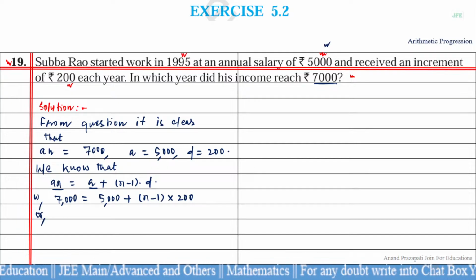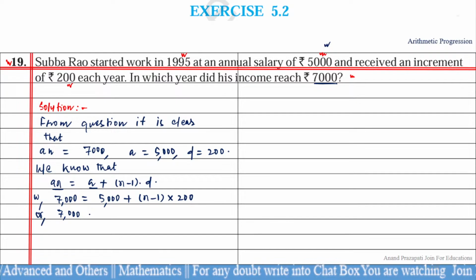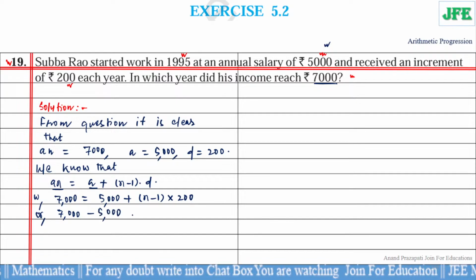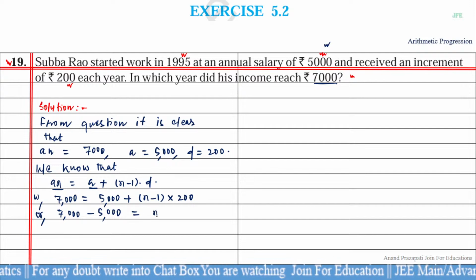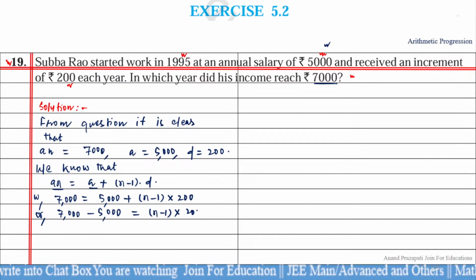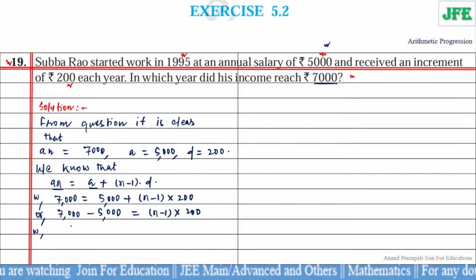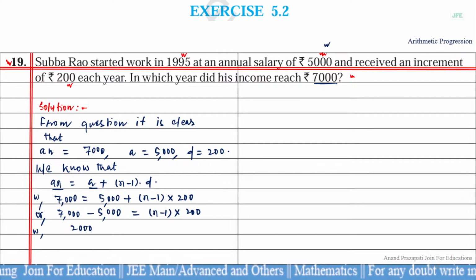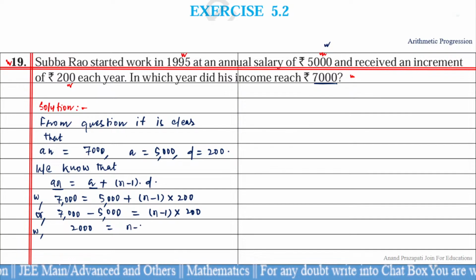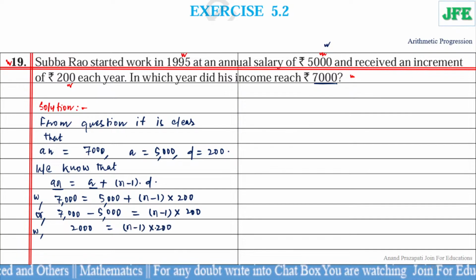So we write down here 7,000 minus 5,000 equal to n minus 1 into 200. So the subtraction of this one will be 2,000 equal to n minus 1 into 200.